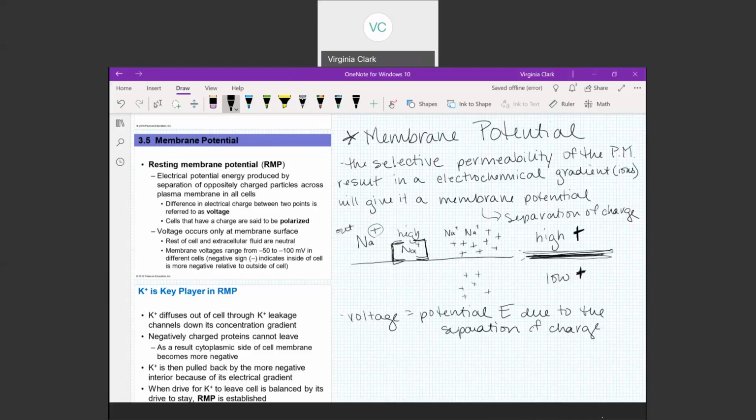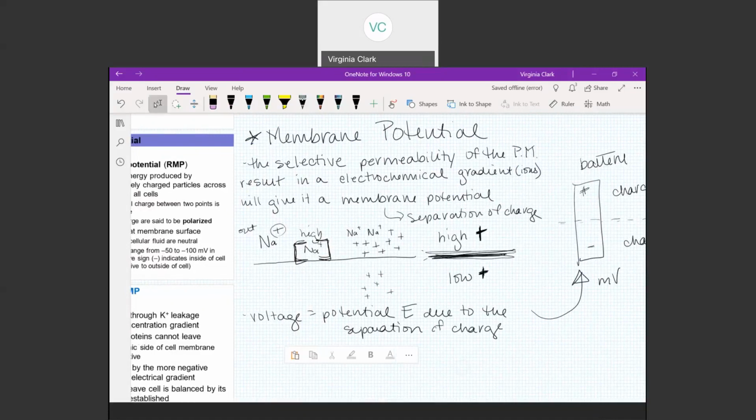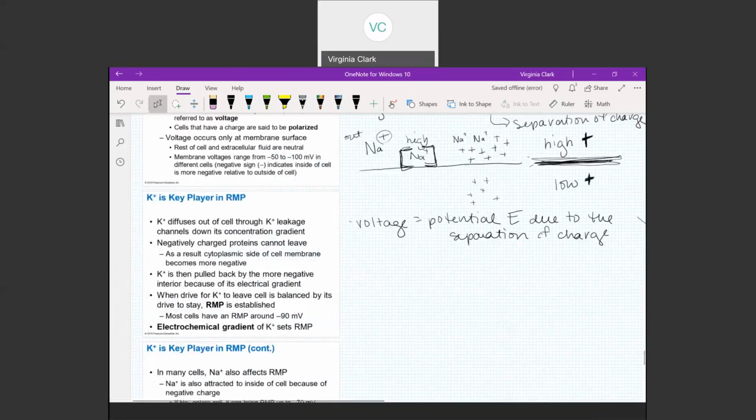That's voltage. Like I said, think about a battery with a positive and a negative side and the plasma membrane separating the two. These are measured in millivolts. So you could have an 8 millivolt battery or a 10 millivolt battery. So voltage is the potential energy that could occur due to the separation of that charge when you have different concentrations of charge in one place versus another.